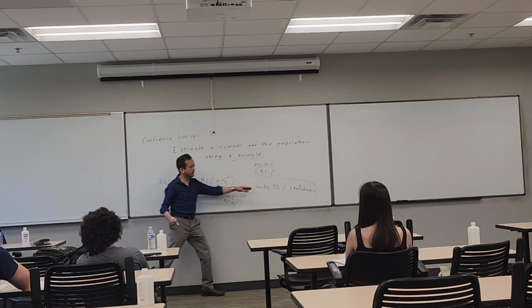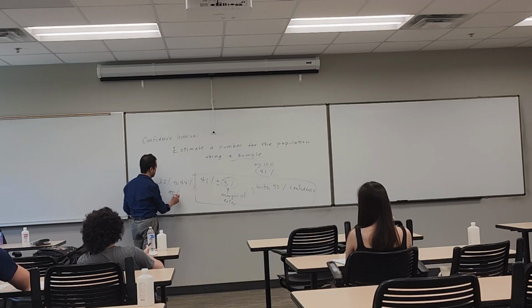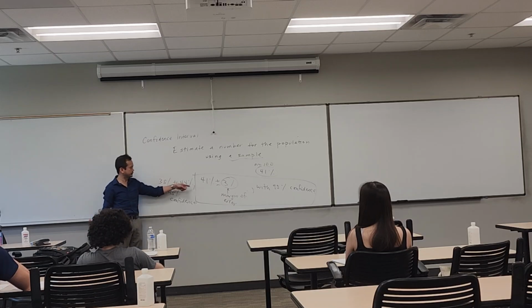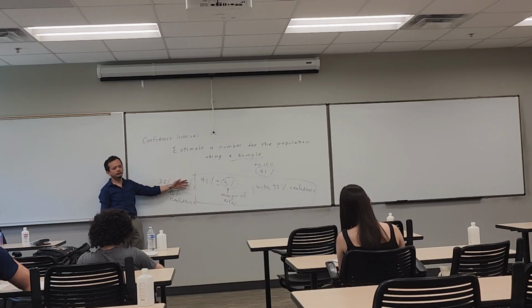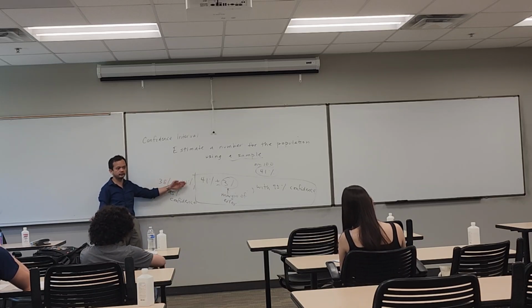But this is only true 95% of the time. So 95% of the time, the true percentage of Americans approving of the president will be somewhere between 38% and 44%. We don't know whether it's closer to 38% or closer to 44%. It's just somewhere inside this interval.